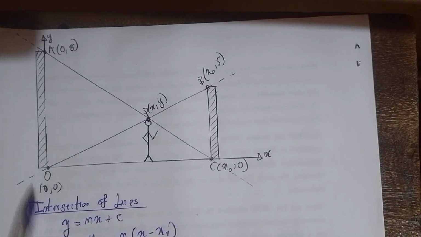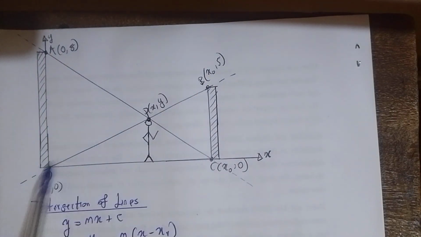Remember x0, right? From the previous solution, x0 was this distance, x0, right? Back here. So what does this result to? L1 is such that we have y equals 5 on x0 times x. So that's line 1.